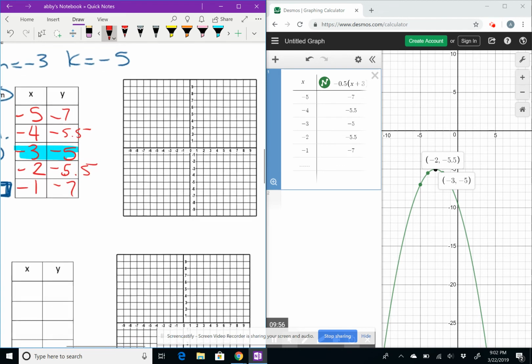So when we graph it, we go negative 5, negative 7, negative 5, negative 7. Then we go negative 4, 5.5 in the negative, negative 3, 5, and then we can plot it.